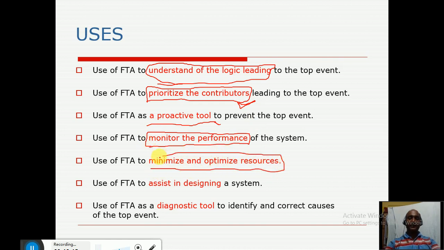Once you know the needed equipment in a particular system, and once you identify that the reliabilities of some elements are not affecting the system much, using this FTA we can neglect or discard those elements from the system, so that the complexity of the system will decrease. Assist in designing, obviously, and diagnostics. This can be used as a diagnostic tool for engineering applications.